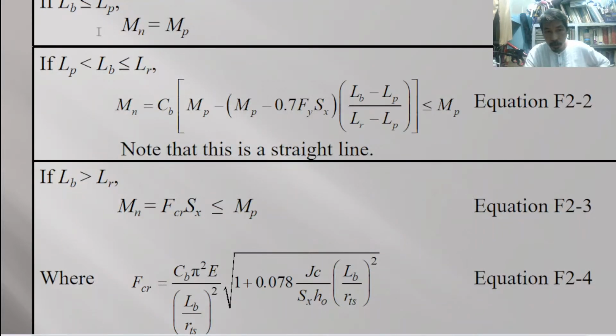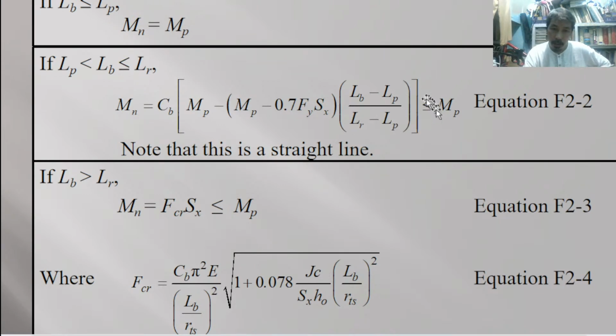So if Lb is equal to or less than Lp, Mn is equal to Mp. If Lp is less than Lb is less than Lr, we have the following equation: Mn is equal to Cb quantity Mp minus quantity Mp minus 0.7FySx times quantity Lb minus Lp over Lr minus Lp.